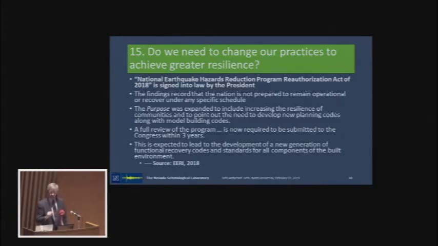And it calls for a full review of the program, and that review is expected to lead to the development of a new generation of functional recovery codes and standards for all of the components of the built environment.